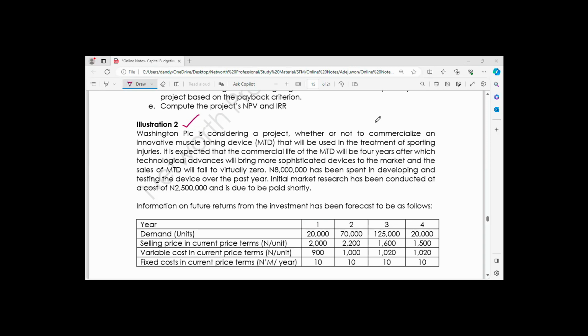Initial market research has been conducted at a cost of 2.5 million and is due to be paid shortly. Information on future returns from the investment has been forecasted to be as follows. All figures assumed to be correct.